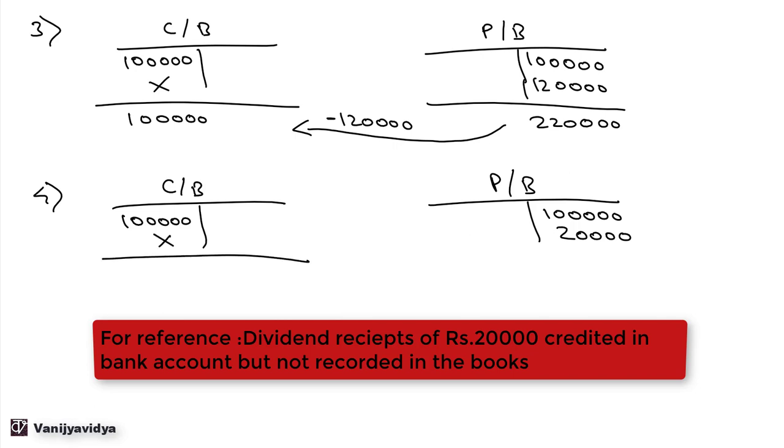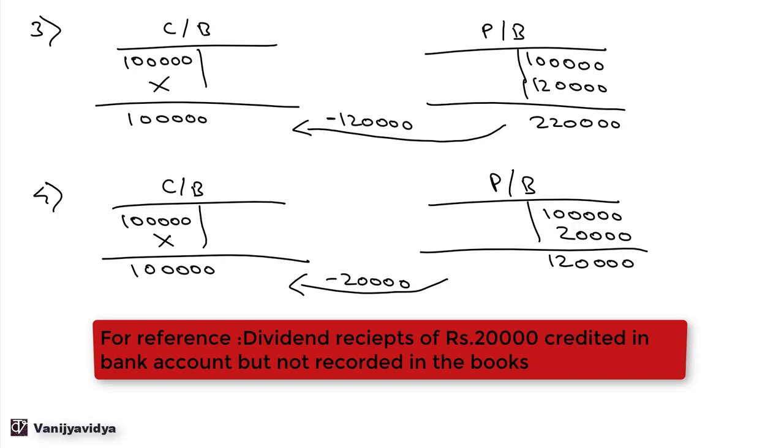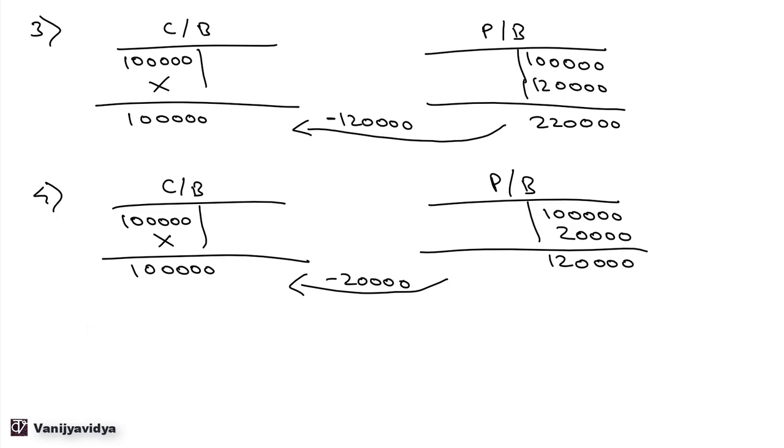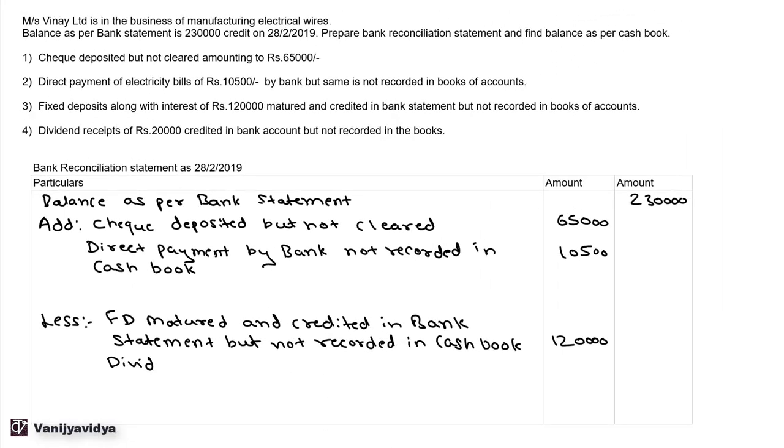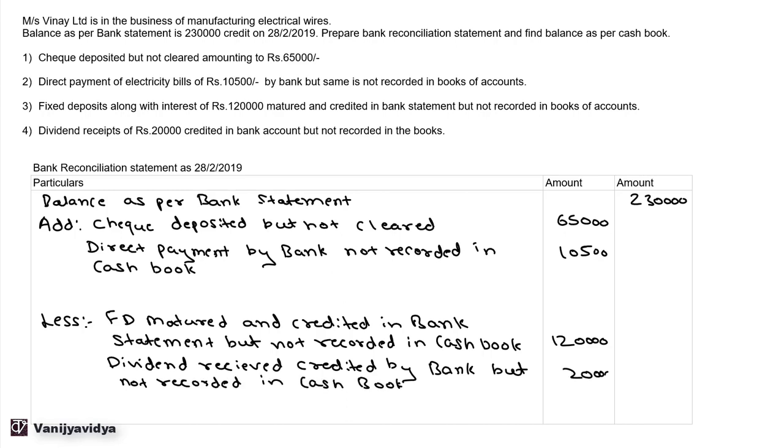So balance as per cash book is 1 lakh, balance as per passbook is 1,20,000. Now we are moving from passbook to cash book, so we have to reduce 20,000 in the bank reconciliation statement. Let's do that: less dividend received credited by bank but not recorded in cash book, 20,000.